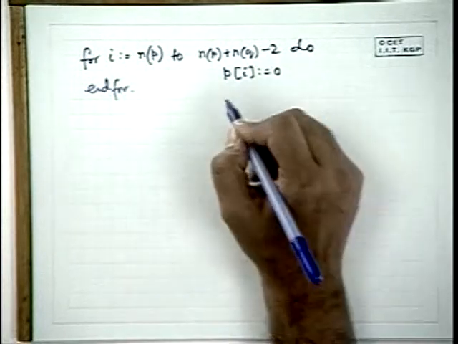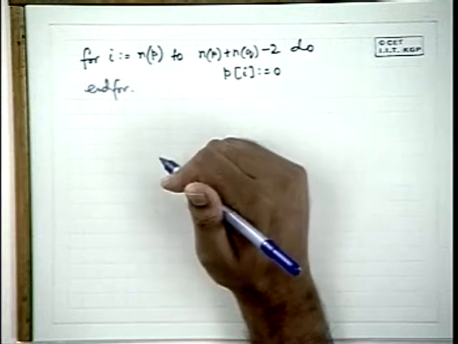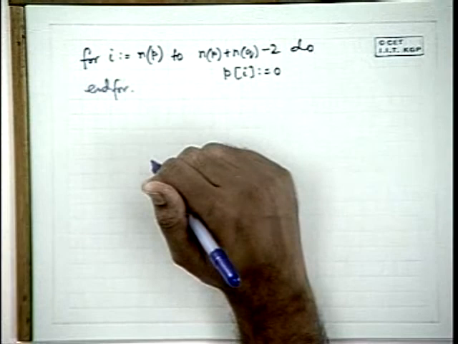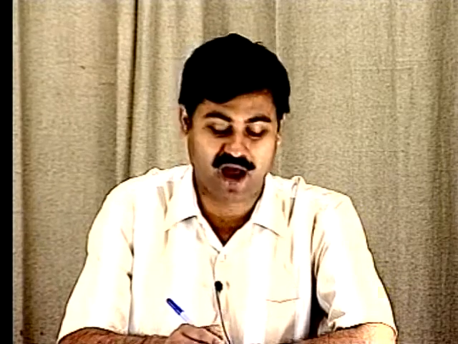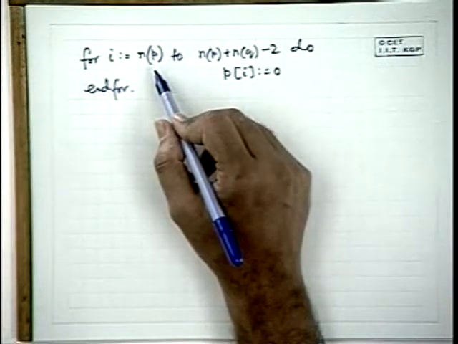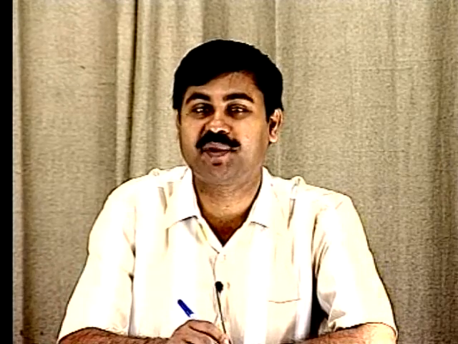When we multiply the two polynomials, one with degree bound np, another with nq, the degree bound of the resulting polynomial will be np plus nq minus 2. It cannot be more than that. That is an upper bound on the degree, because I know that P has degree less than or equal to np minus 1, that is the definition of degree bound, and the other one nq minus 1. So when you multiply, the resulting polynomial cannot have a degree more than np plus nq minus 2.